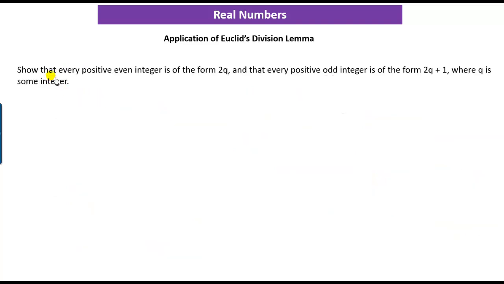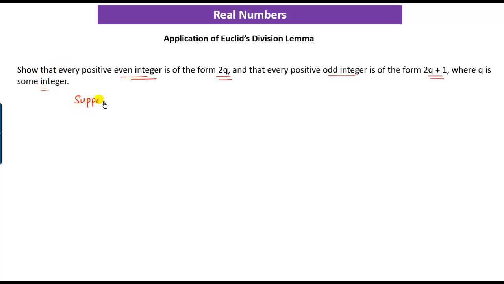Another question is: show that every positive even integer is of the form 2q, and that every positive odd integer is of the form 2q plus 1, where q is some integer.